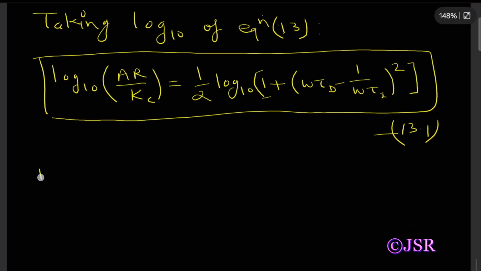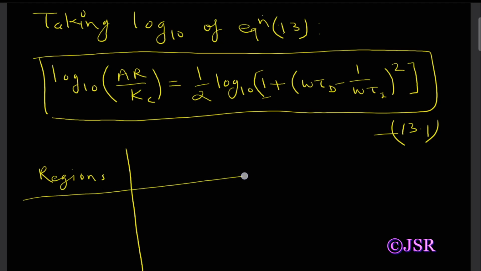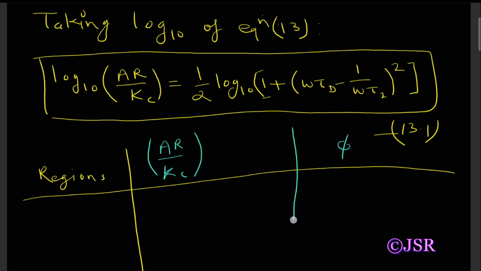So here we will have again different regions, and we will find out AR by KC and phi for those regions.